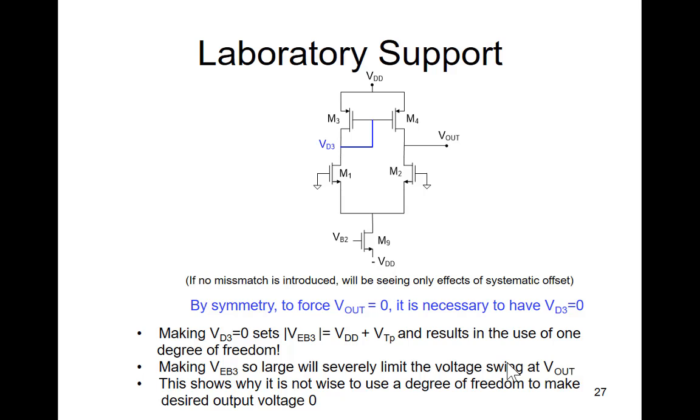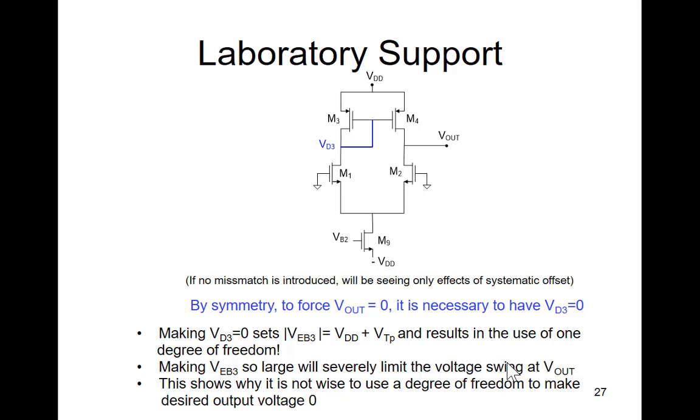So here's the one I wanted to refer to. If you look at the quiescent output voltage here, by definition, let's assume that we wanted the quiescent output voltage to be 0. If we want this quiescent output voltage to be 0, you can do that by picking the excess bias of transistor M3 to force that quiescent voltage to be 0. That uses up a degree of freedom.